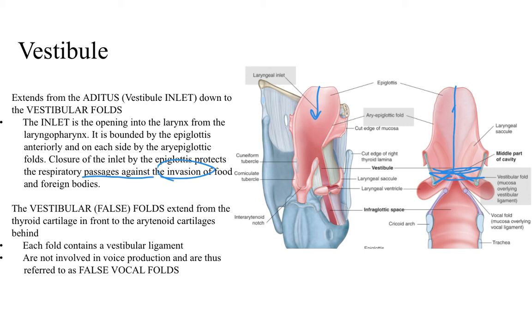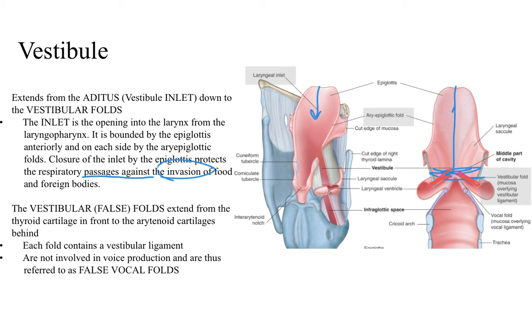All right, the vestibular folds here, we'll do them in red. The vestibular folds would extend from the thyroid cartilage to the front of the arytenoid cartilages, not to where the true vocal cords are attached.